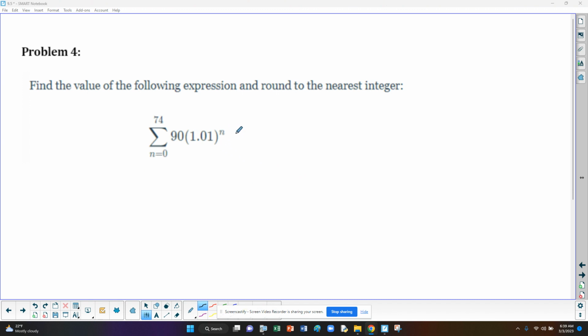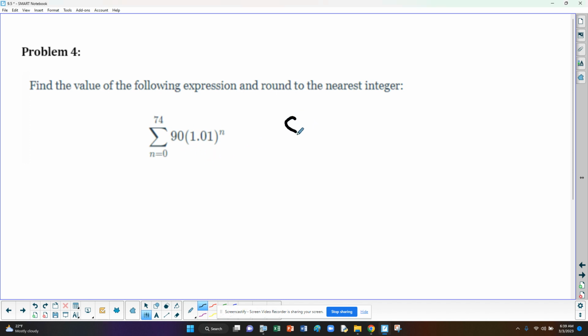So heading to our next problem, we've got a sum here that we're trying to find using the summation notation. So here I've got a total of 75 terms. I've got a A1 value of 90, and then I've also got my R right here.